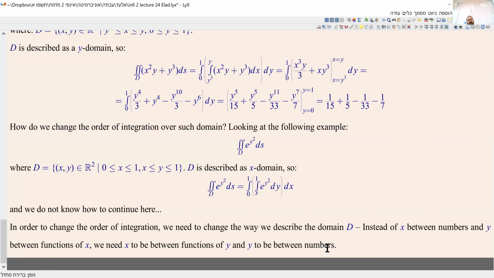So it's not some very algorithmic process. You just look at the inequalities that define our domain and try to build them differently. Okay?